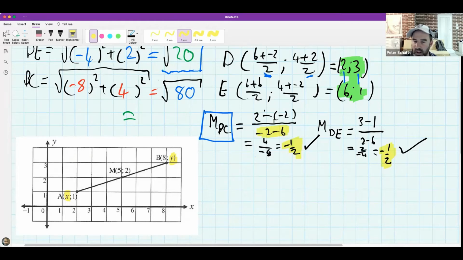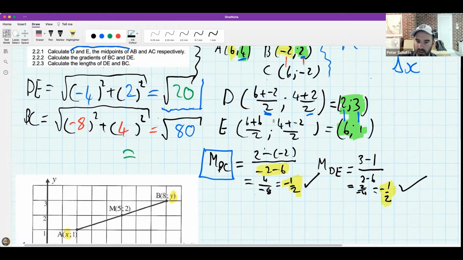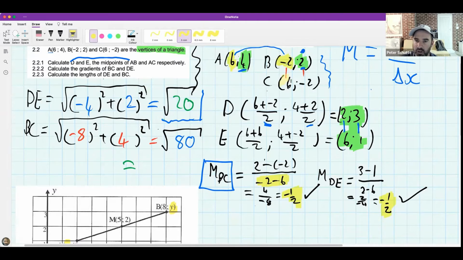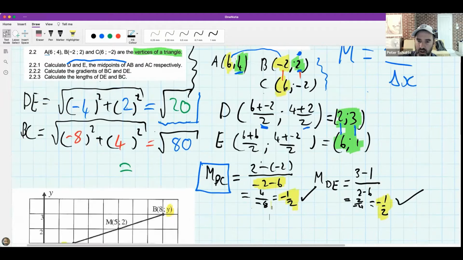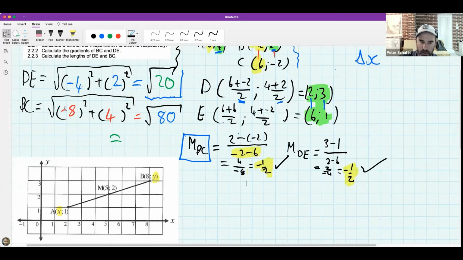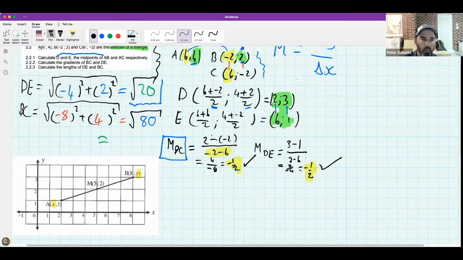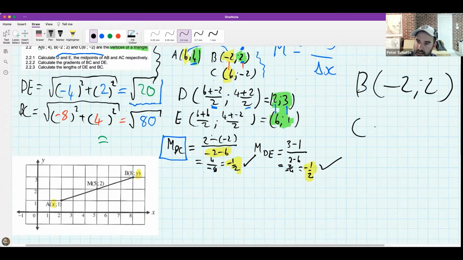So if you look at the question, it's about BC. Notice how there's a -2 and I took away 6, which gave me the -8. Okay. So what happened to the -2? Shouldn't it be -4, or what happened to -2 at the top there? Okay, so I'll quickly go through the steps. So apologies, what we have is B is (-2, 2), and C is (6, -2).